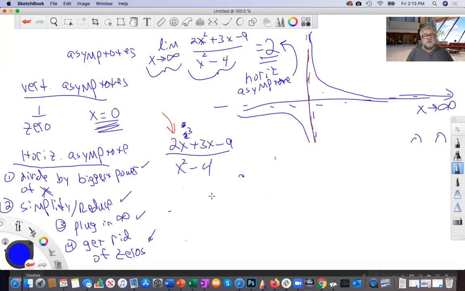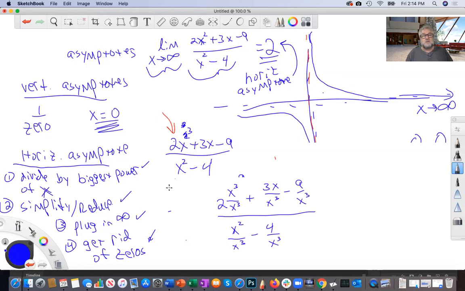So I divide by the biggest power of x: 2x cubed over x cubed plus 3x over x cubed minus 9 over x cubed, all over x squared over x cubed minus 4 over x cubed.